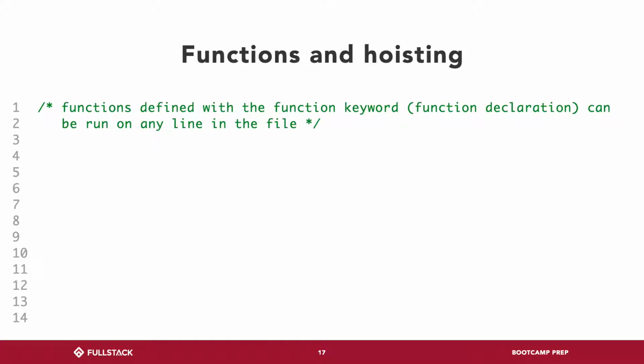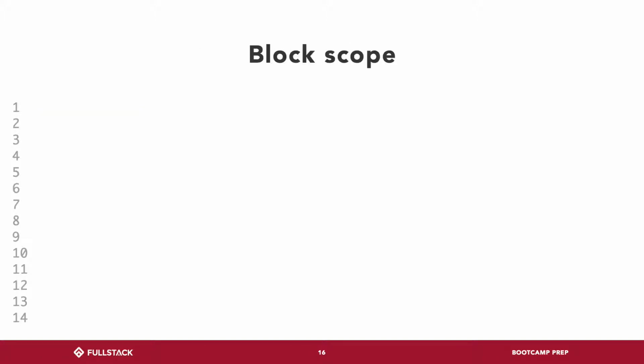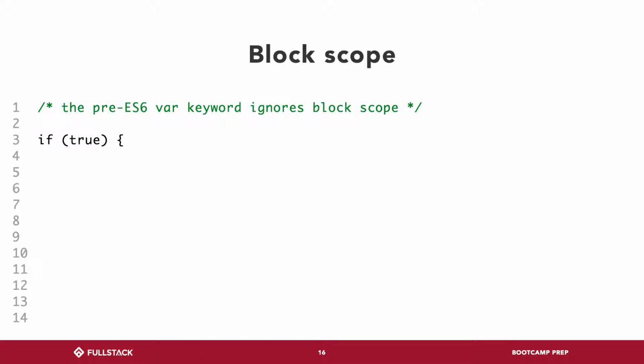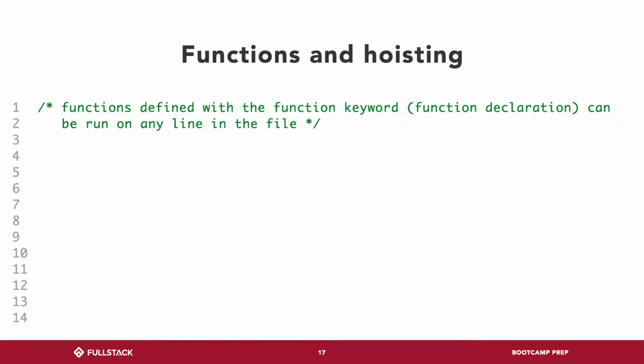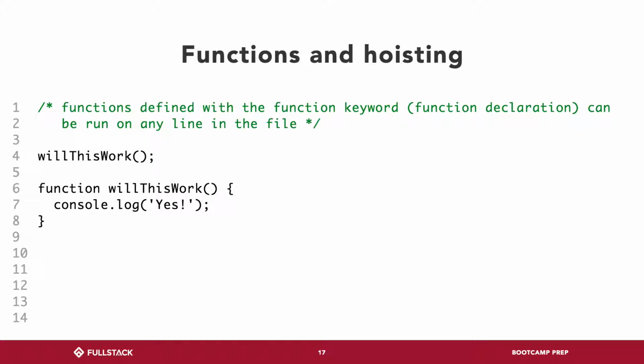All right, are there any questions on block scope? If not, then we will continue onwards to functions and hoisting. This is some little nuance of JavaScript as a language where essentially all function keywords are dragged up to the top of the file.